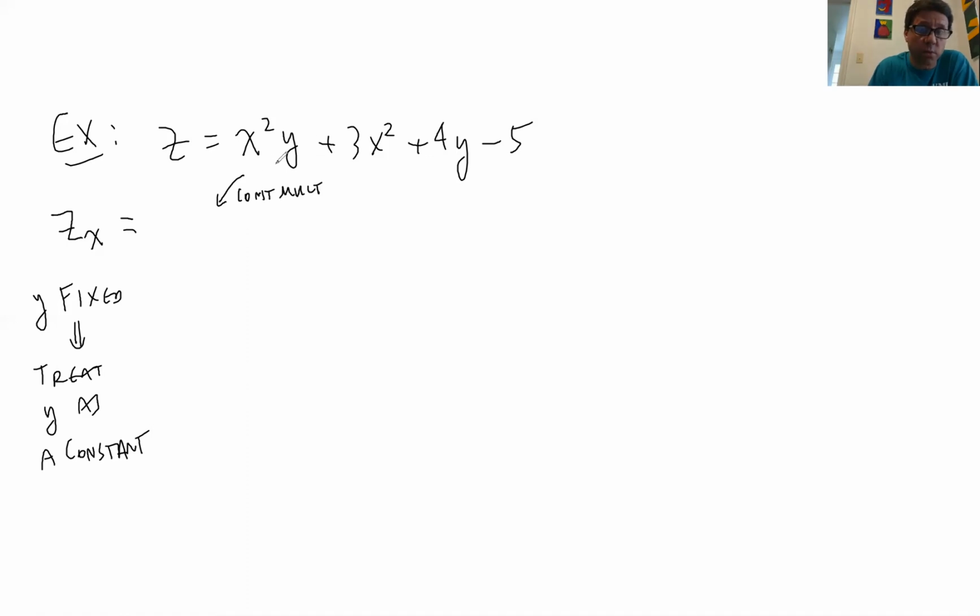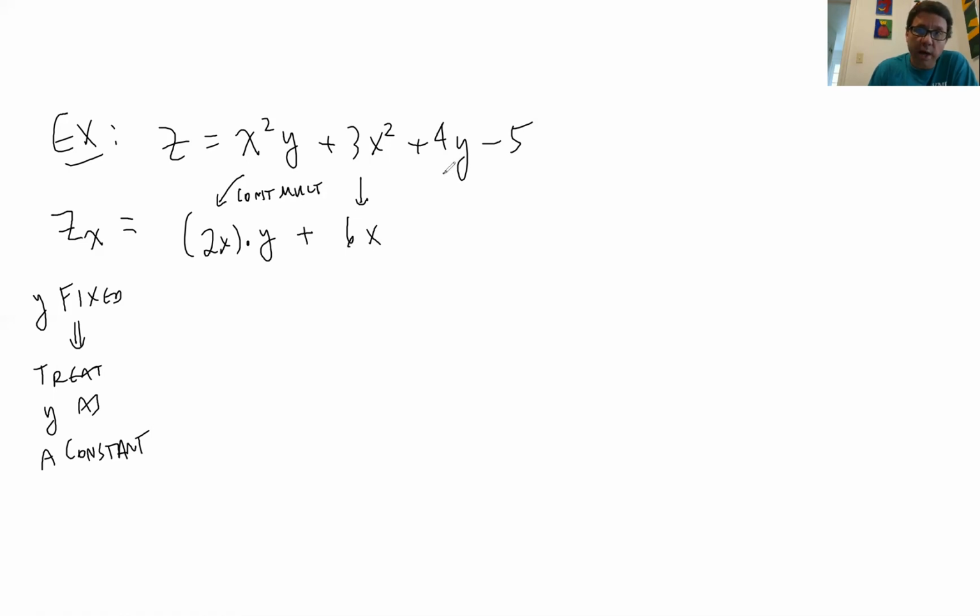So how do you do a constant multiple rule? You take the derivative of your function, 2x, and then you just multiply on by that constant multiple. So that first part would be 2xy. The next one is a regular one. It's an x derivative, so that one is just straight up 6x. It's a constant multiple 3, but then times 2x, so we get 6x.